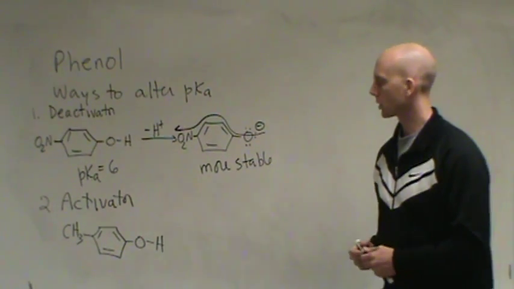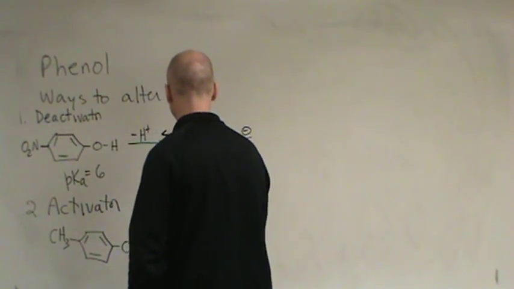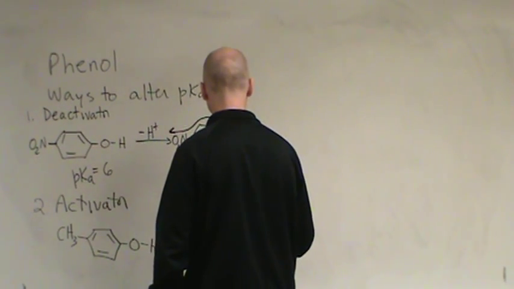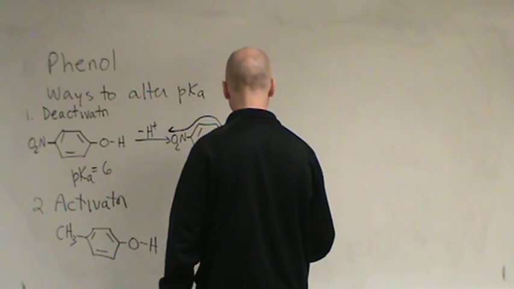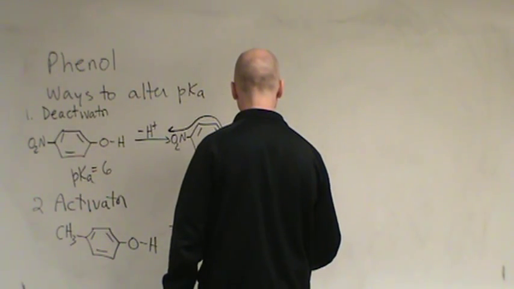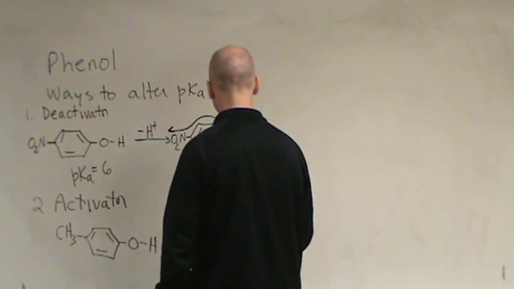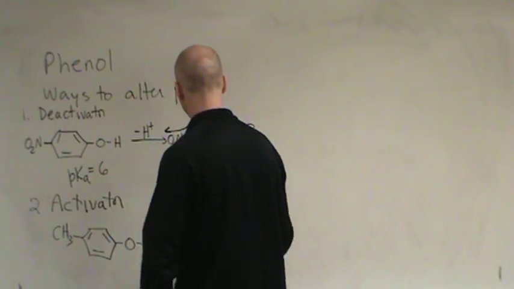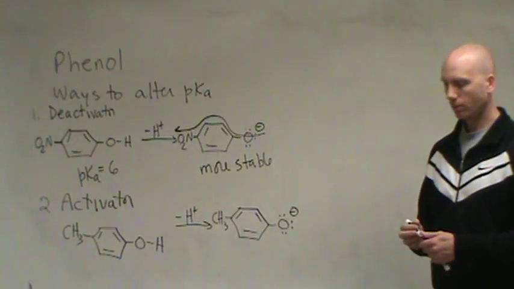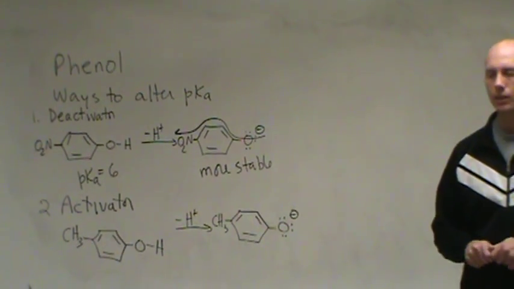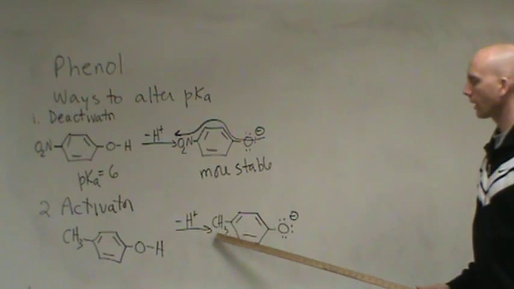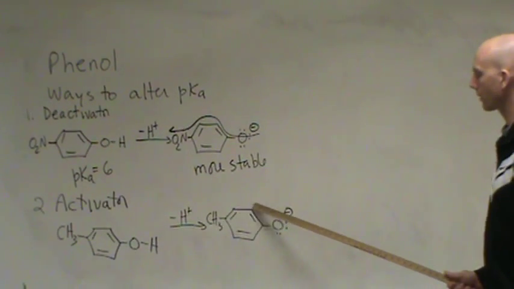So if I remove the acidic hydrogen, we give the phenoxy conjugate base. And now, what is the activator doing?